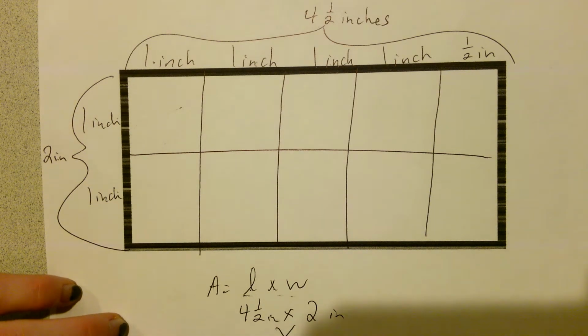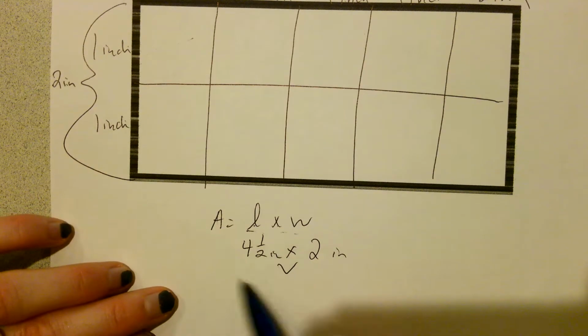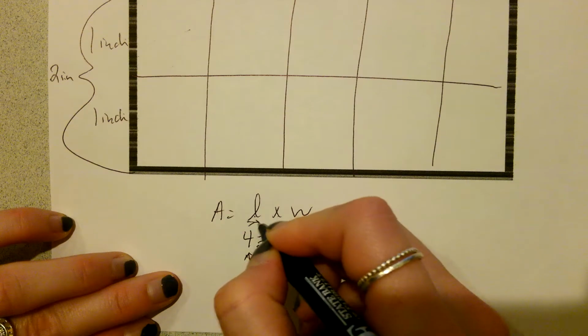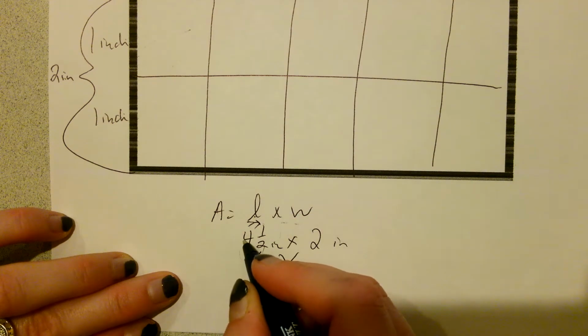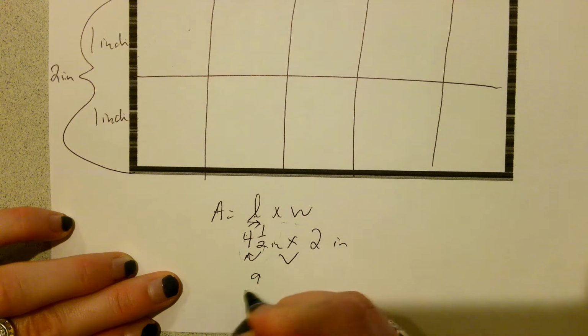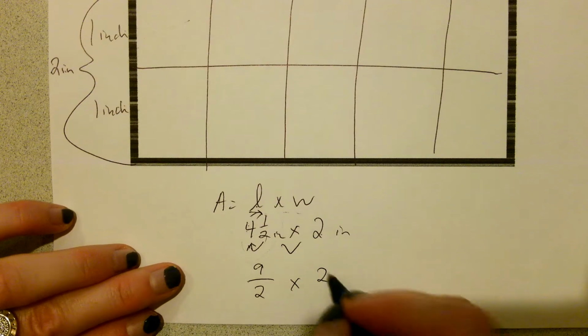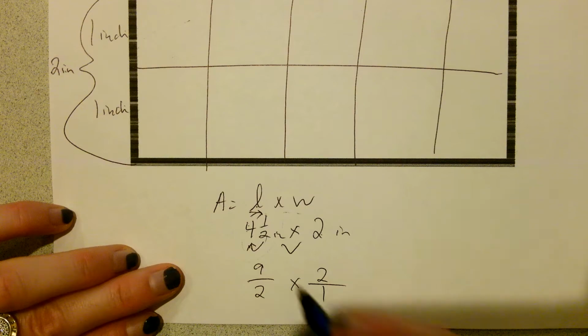Okay, well, let's multiply. If I'm multiplying by a mixed number or a fraction, I'm going to change this into an improper fraction. So 4 times 2 is 8, 8 plus 1 is 9. So I have 9 halves times 2. If I have a whole number, I know any number has a 1 on the denominator. When I multiply, I can multiply straight across.